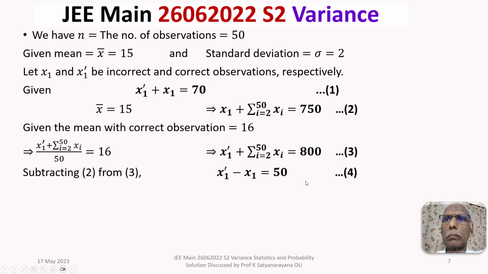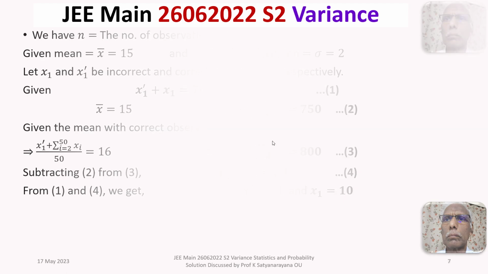Adding these two, we get 2x1 prime is equal to 70 plus 50, that is 120, and x1 prime is 120 by 2, that is 60. If x1 prime is 60, then x1 is 10, because their sum is 70. So the correct observation is 60, the incorrect observation is 10. We continue in the next slide.